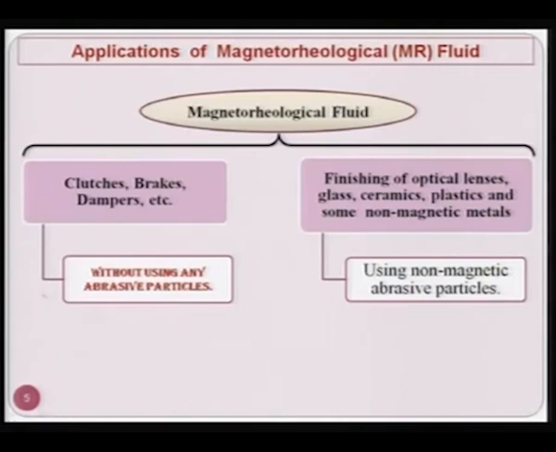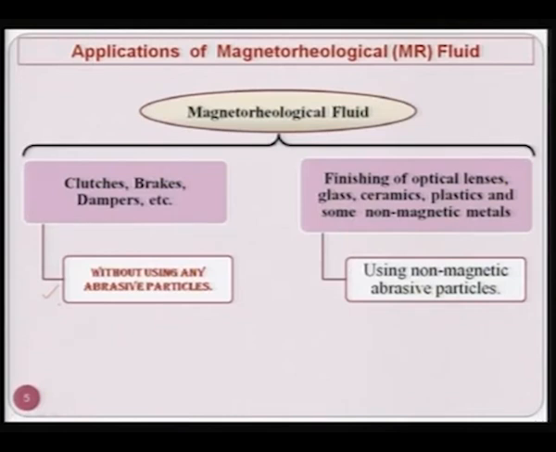The important point to note here is that the fluid does not contain any abrasive particles, but on the right hand side, if you see, this magnetorheological fluid is used for finishing of optical lenses, glass, ceramics, plastics and some non-magnetic metals.